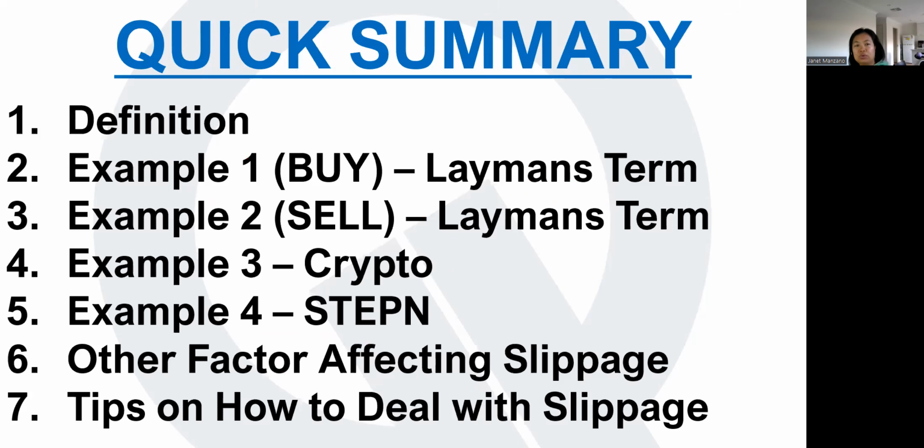So in this video, this is what you will be expecting. Number one, we will give you a definition of what is a slippage tolerance. Number two, in layman's terms, I will give you an example of how slippage happens when you buy an item. Number three, an example, again in layman's terms, of how slippage affects your transaction when you're trying to sell.